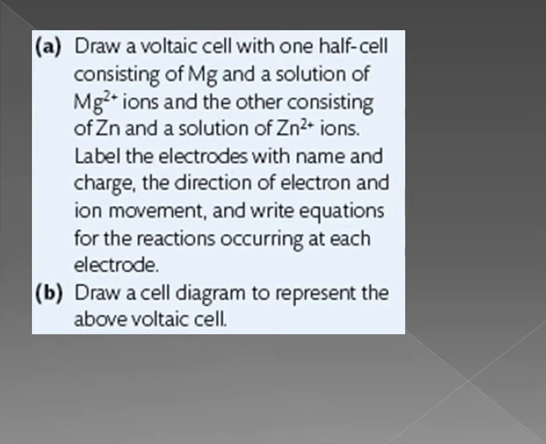Here, another question. Draw a voltaic cell, so we can call it voltaic cell, galvanic cell, electrochemical cell. All of them are correct. Draw a voltaic cell with 1 half cell consisting of magnesium and a solution of magnesium ion, and the other consisting of zinc and a solution of zinc ions.